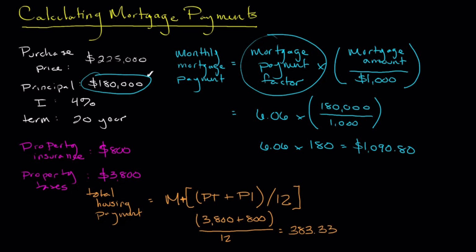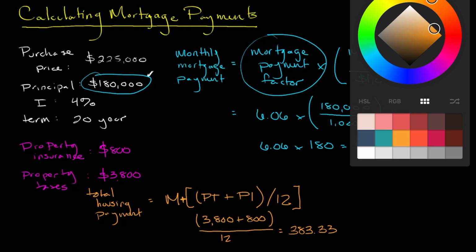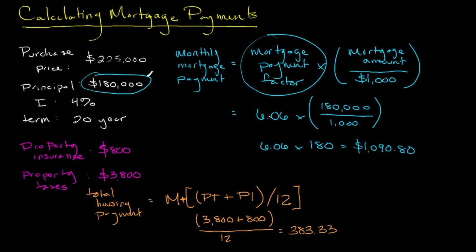So now what we have to do is go ahead and move this over, and we're going to add our mortgage payment that we identified as $1,090.80 and add that to that $383.33. So if you add these two numbers together, you're going to get an end result of $1,474.13.